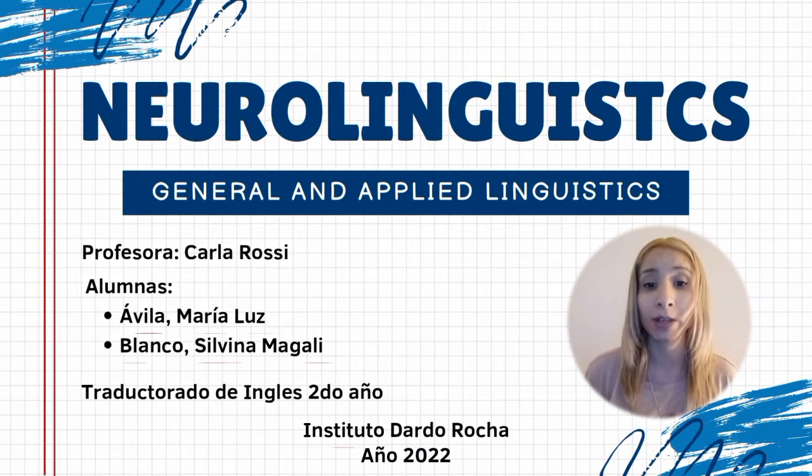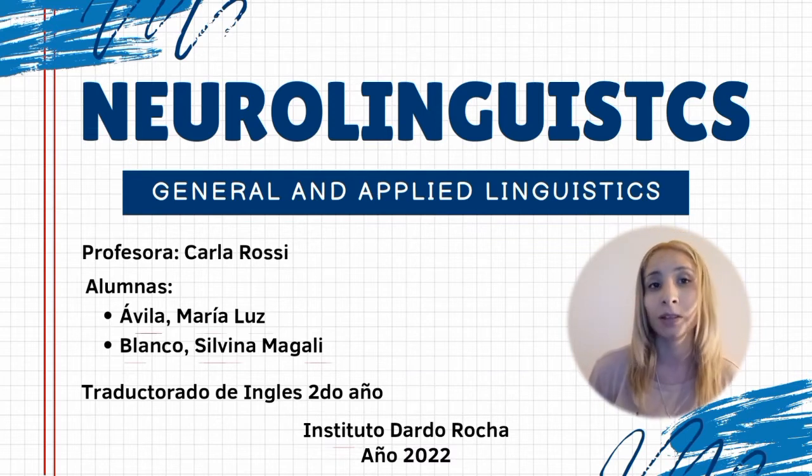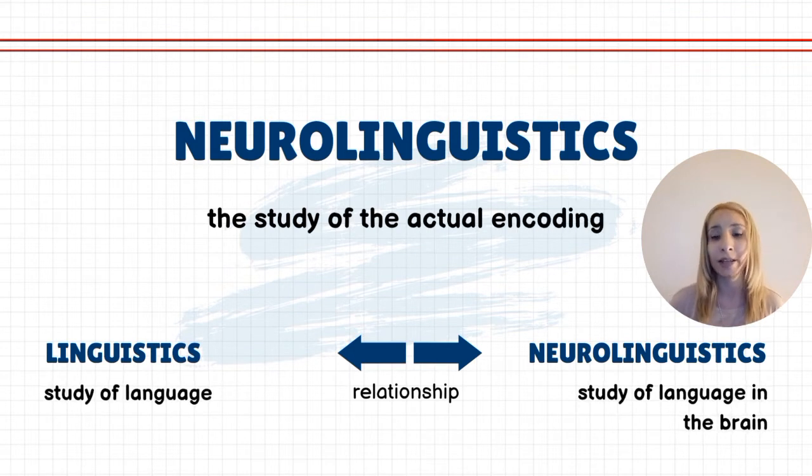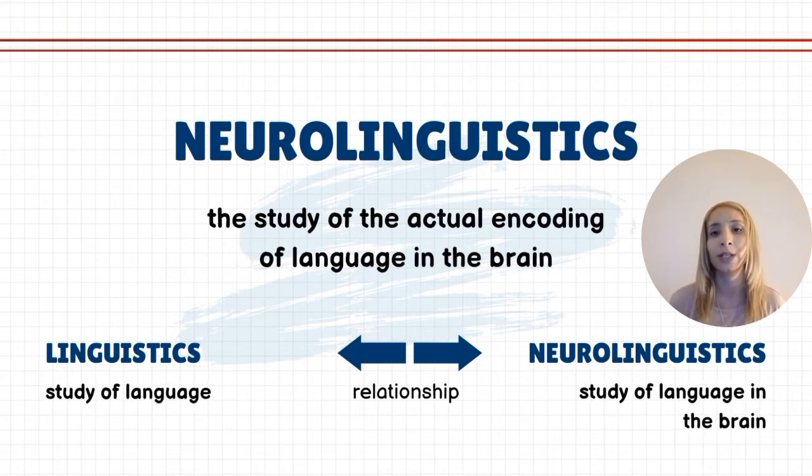Today I'm talking about different neurolinguistics topics, related with my partner Maria Luz Avila. So, what is neurolinguistics? Neurolinguistics is the study of the actual encoding and decoding of language in the brain.